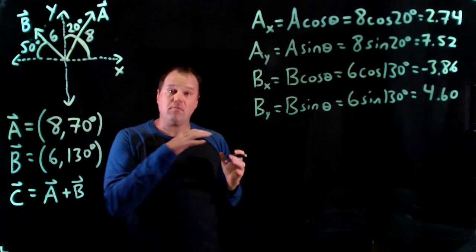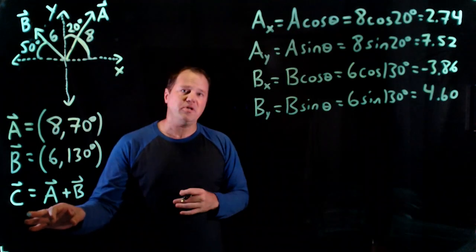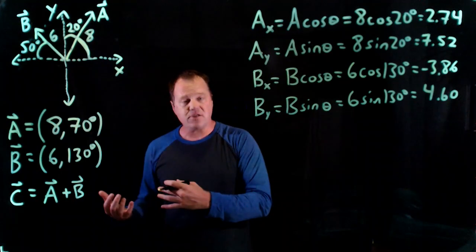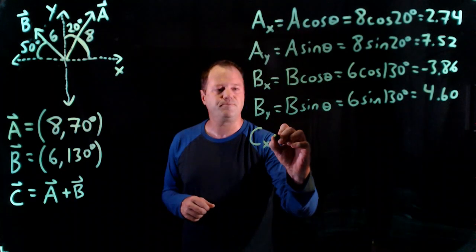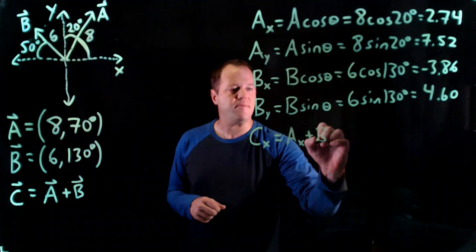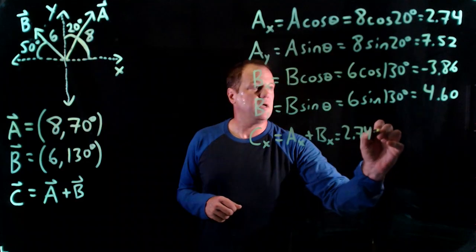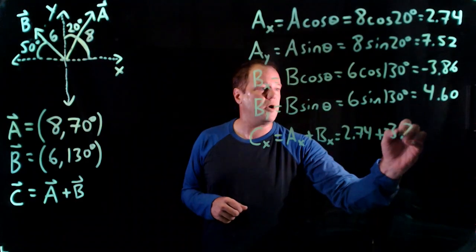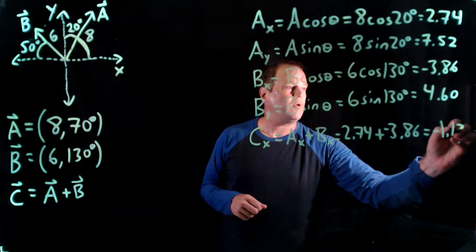So I've got x and y components. Those are easy to add. This problem is really two problems. We'll add the x components and we'll add the y components. So C sub x will be A's x component plus B's x component. I take 2.74 and add negative 3.86 and I get an answer of minus 1.12.